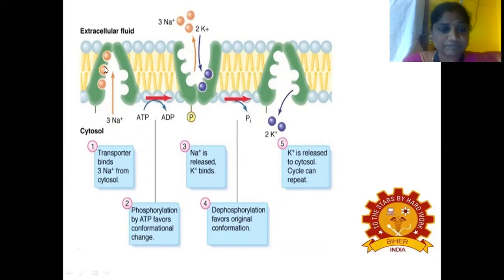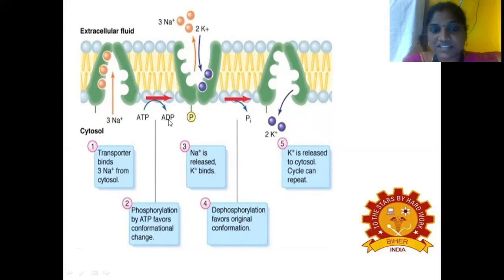First, three sodium ions are bound. This is the extracellular fluid and this is the cytosol region. The transporter binds 3 sodium from the cytosol. That is the first step. Then energy is required: phosphorylation by ATP favors a conformational change. The third step is that sodium is released and potassium is bound.